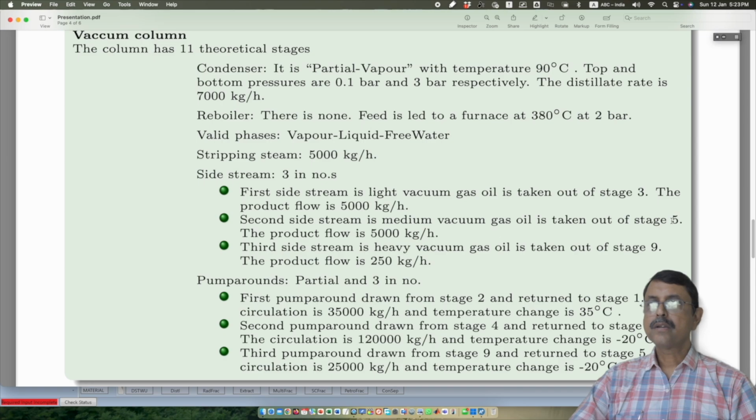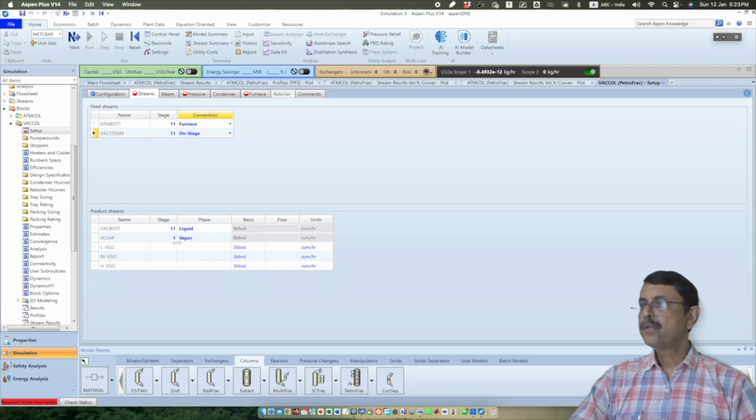Medium gas oil is taken out from stage 5, and heavy vacuum gas oil is taken out from stage 9. So 3, 5, 9. So we will put it here as 3, here 5, and here 9. And all of them are mass flow rates. Those informations are there with us.